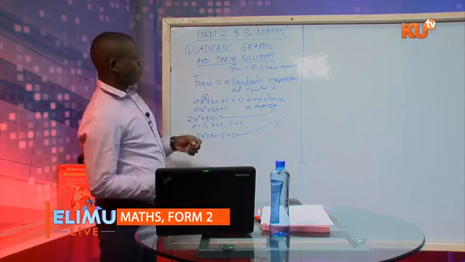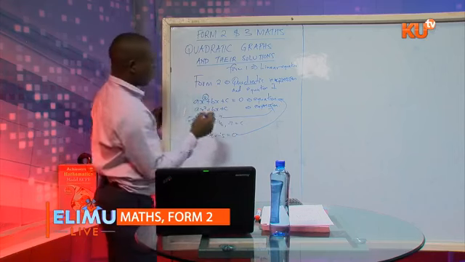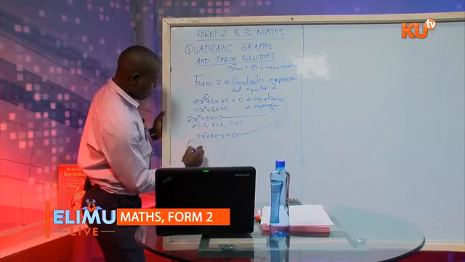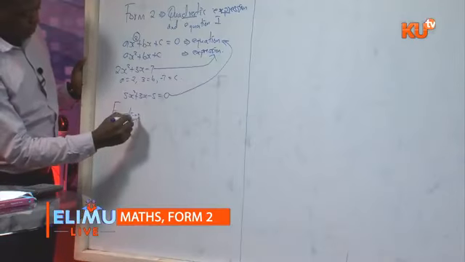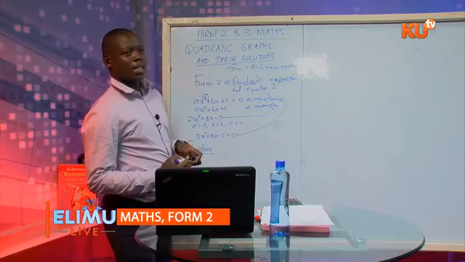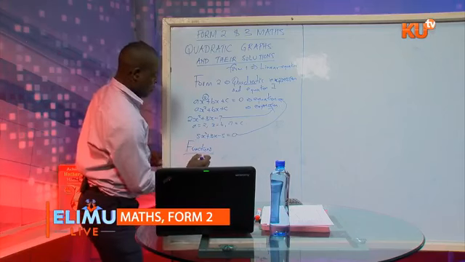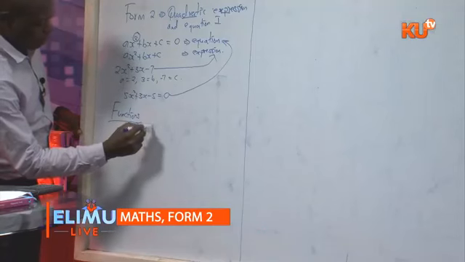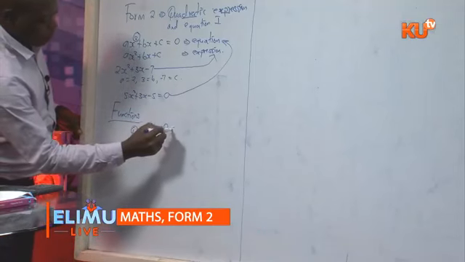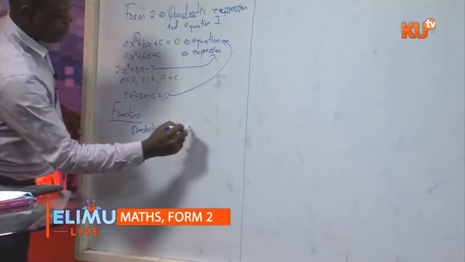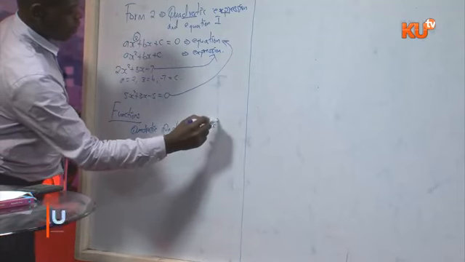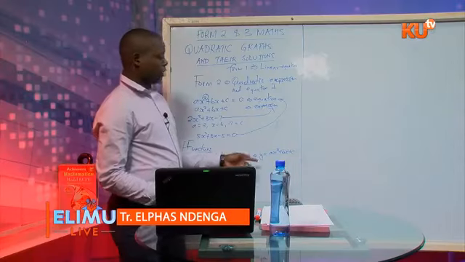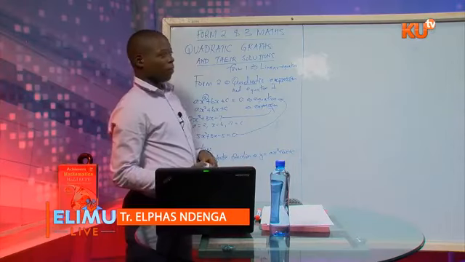When you go to Form 3, we now stop looking at more of the equations and expressions, but bring in what we call functions. So we talk of quadratic functions. A quadratic function is given by y is equal to ax squared plus bx plus c. The functions are the ones that we draw.